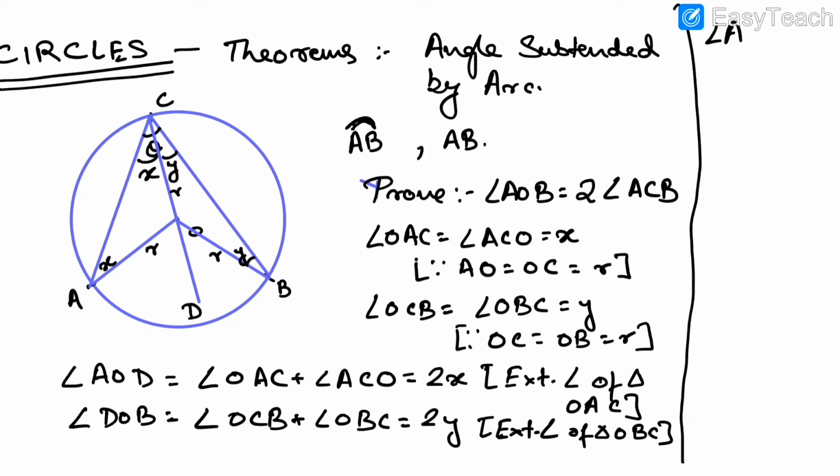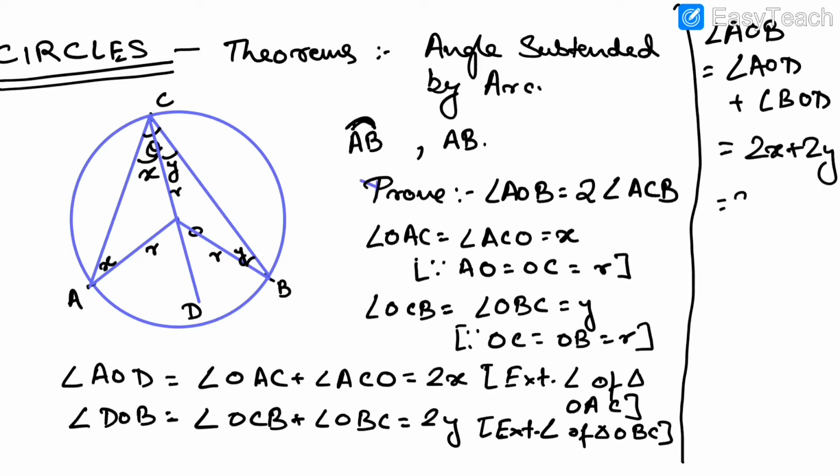Total angle AOB equals angle AOD plus angle BOD, which is 2x plus 2y, equals 2 times x plus y. What is x plus y? It is angle ACB. So it is proved.